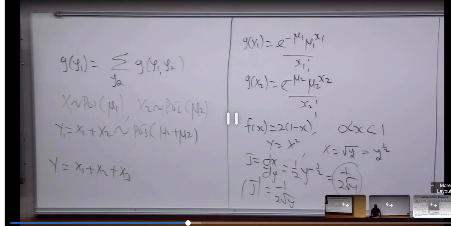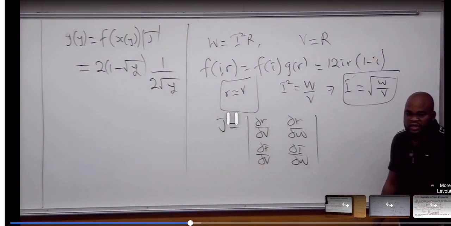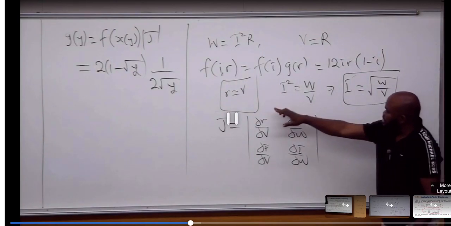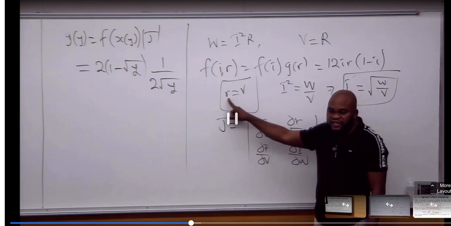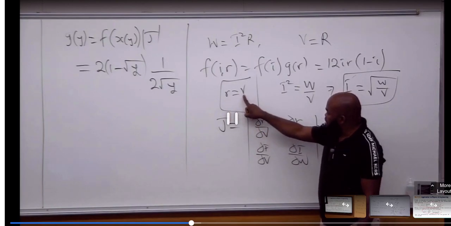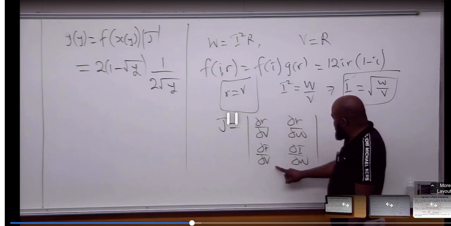But right now, I'm going to do the R, the V, the R, the W. Then I'm going to come here, the I, the V, the I, the W. So when you set up your inverses, we're going to differentiate the inverses with respect to V. We're also going to do with respect to W. Then we'll do the same here.